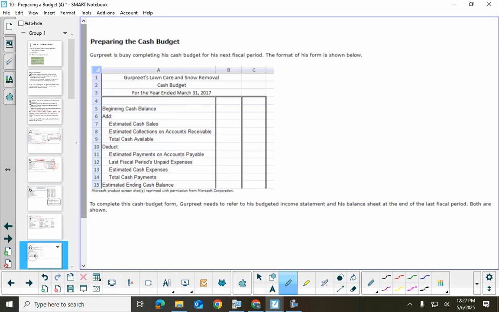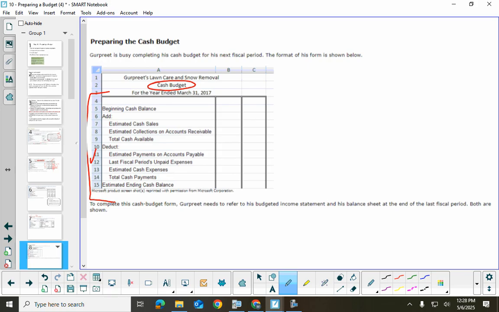Okay? So we've seen balance sheets all semester. Nothing surprising there. This is the cash budget sheet. So you are going to be given those headings. What you have to do is figure out these numbers. And it's not pleasant. But you don't have to come up with these headings. So the template has this, we just have to figure out what numbers go where. So we've essentially got to figure out how much cash we are starting with.